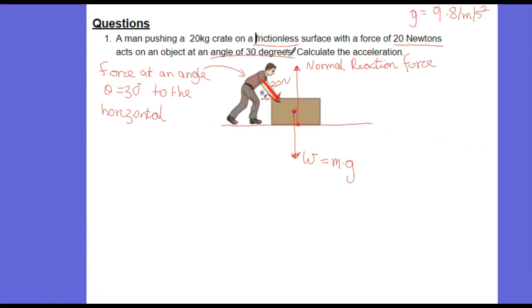Now the normal reaction force, it has an important job to do as well. Its job in this case is to support the box from having an overall acceleration down towards the center of the Earth. Such as if the ground wasn't there and you were pushing it off a cliff, there's no supporting force underneath the box.